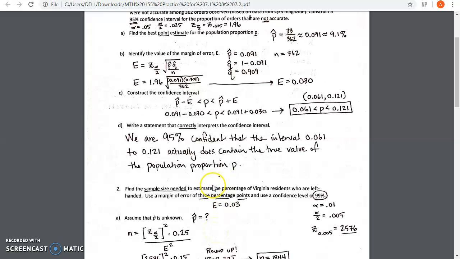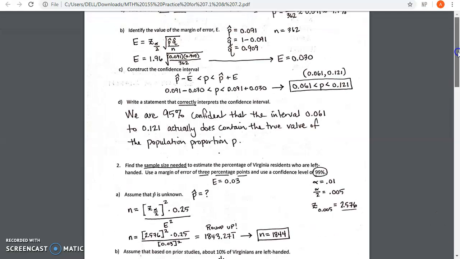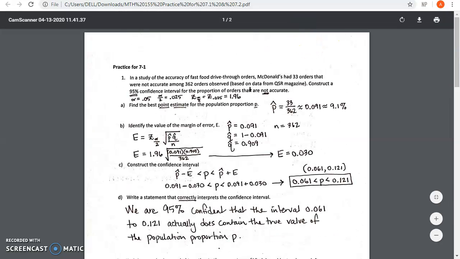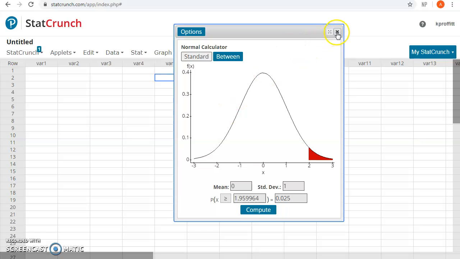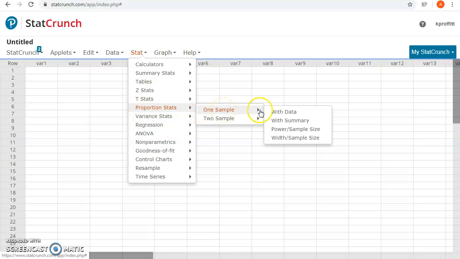Now we could have done this on StatCrunch, and we could have actually had StatCrunch calculate this for you. So what we'll do is go to StatCrunch, and you'll go to Stat, then Proportion Stats, then One Sample.